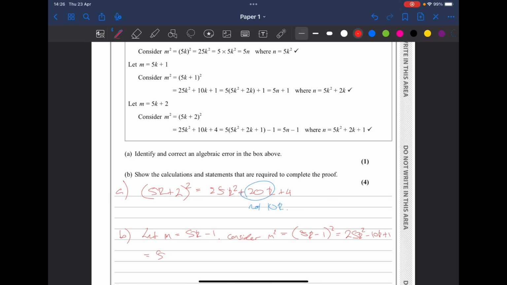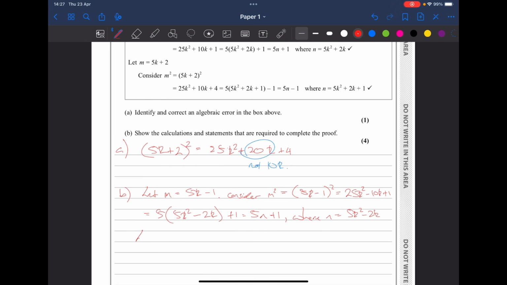And that is 5 times something, that something being 5k squared minus 2k. We still have that plus 1 on the end. So we can write that that's equal to 5n plus 1, where n is the thing inside the bracket, the 5k squared minus 2k.